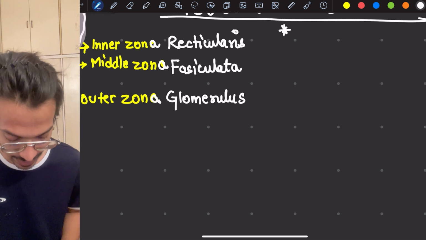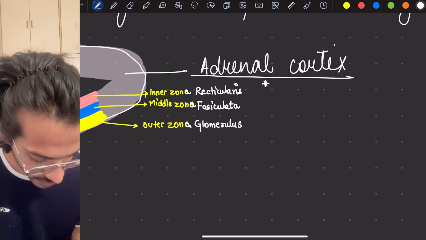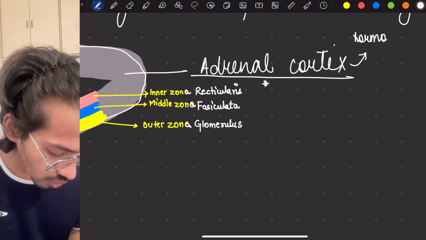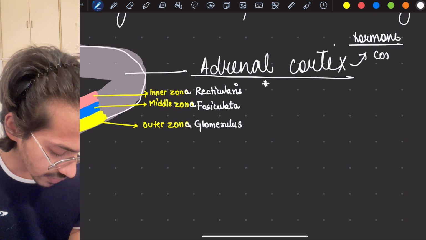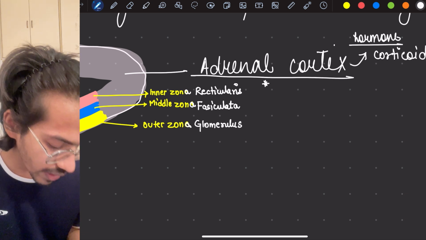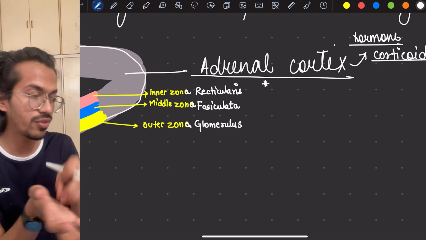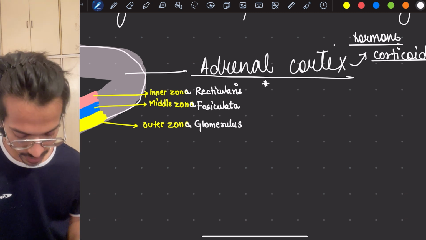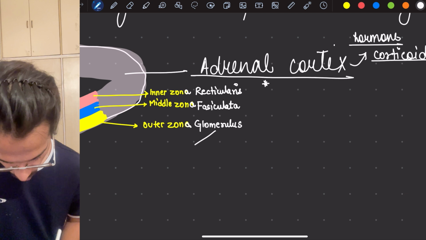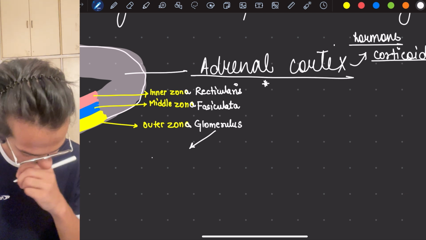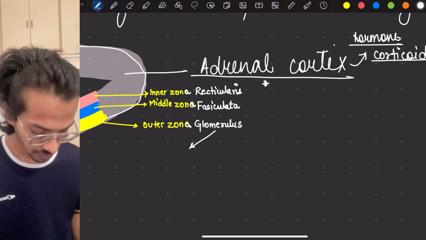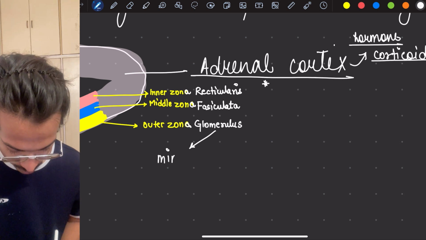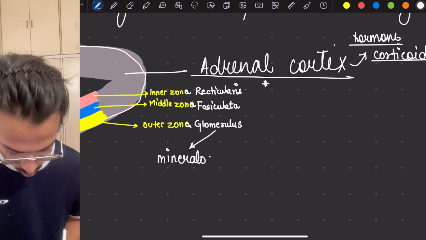Since the cortex is there, their hormone would be corticoids. But these corticoids are further different in the different layers. Your glomerulosa, the outermost layer, will secrete mineralocorticoids.